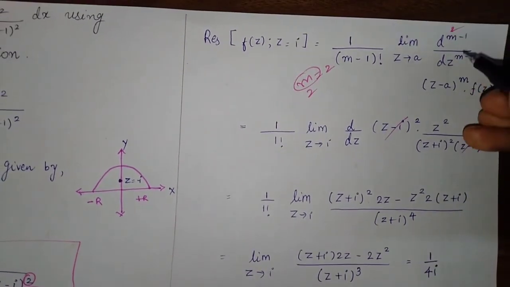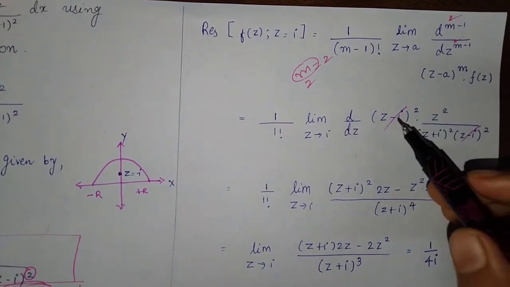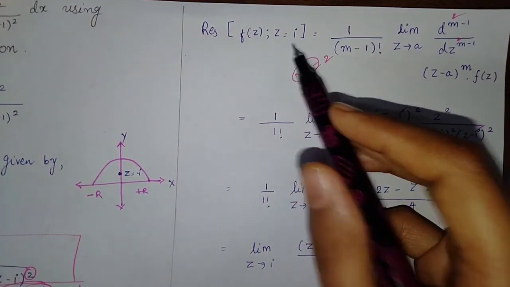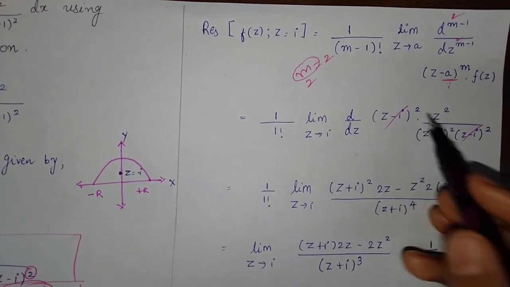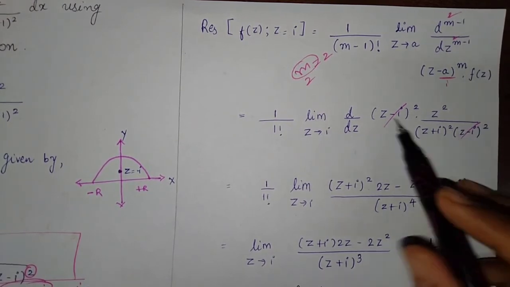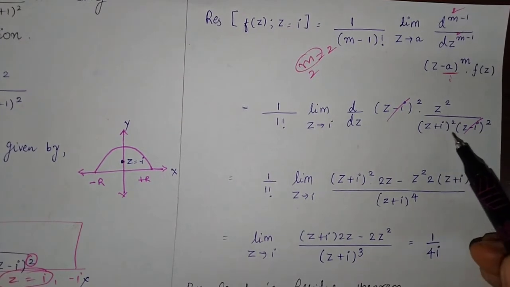Here also you have to put the 2. So 2 minus 1 is 1. So we got d by dz. Our a is also i, because our pole is i. So here we got (z minus i) whole square into the given function. Then these terms will get cancelled. So we will get this term, that is z square by (z plus i) whole square.